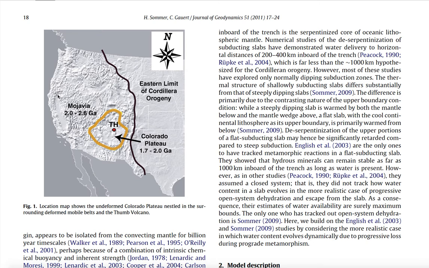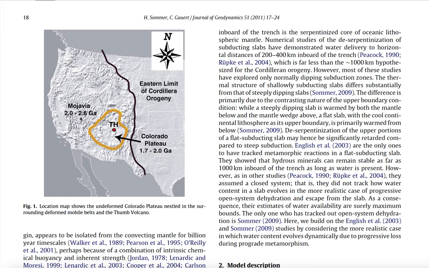Here it is strongly deformed because we have a collision zone, and the collision zone is caused by the eastward dipping subduction from the North Pacific plate. Therefore these rock units are deformed.